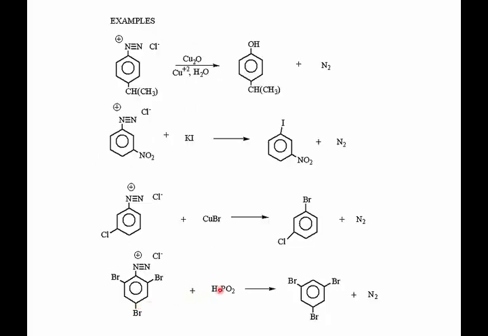It donates a hydride ion nucleophile that replaces N2, and there you go. There's a hydrogen there. What's interesting about this 1,3,5-tribromobenzene is that all the bromines, normally ortho-para directing, are in meta positions.